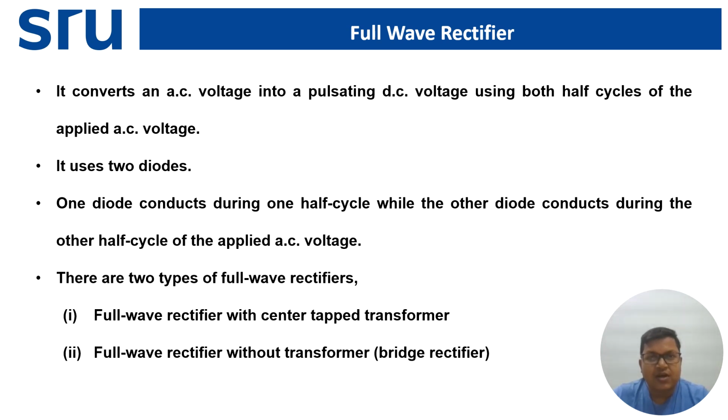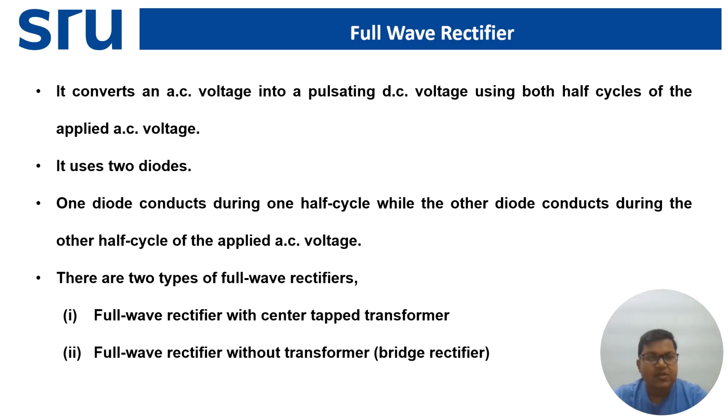If you remember the earlier video, we discussed that for the half wave rectifier, only one half of the AC was converted to DC, and the other half was not. But here both the positive and negative cycles are converted to DC. And while we are converting both halves, we will require two diodes instead of one diode.